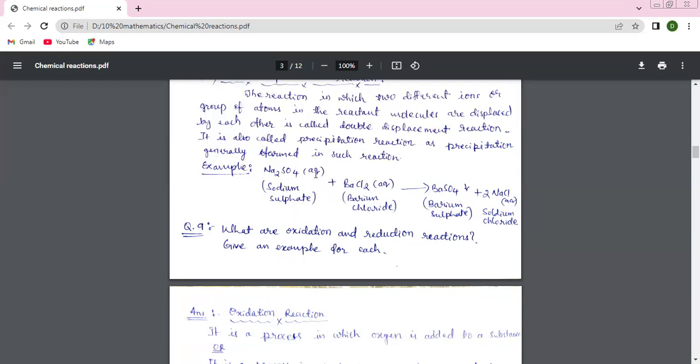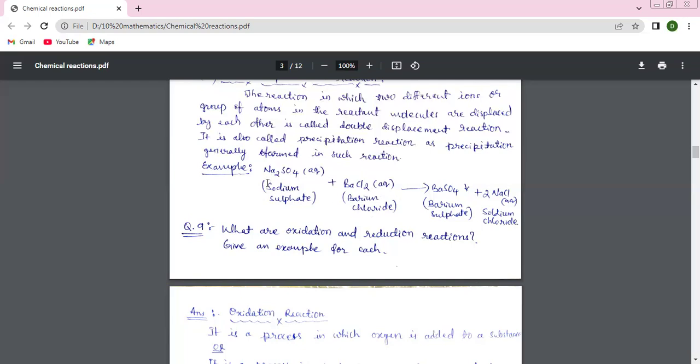Sodium sulfate is there in aqueous solution form. Na2SO4 is the sodium sulfate compound. Another reactive compound is BaCl2, barium chloride. This is another reactant, and both are in aqueous, solution form.